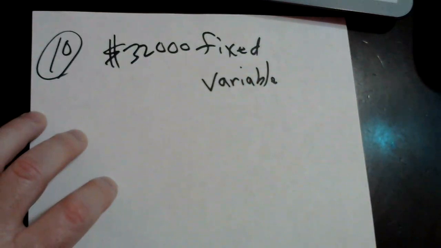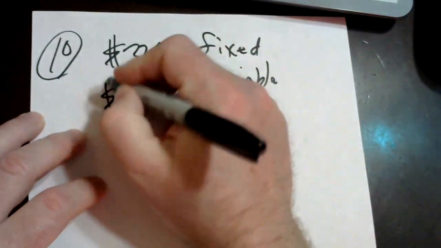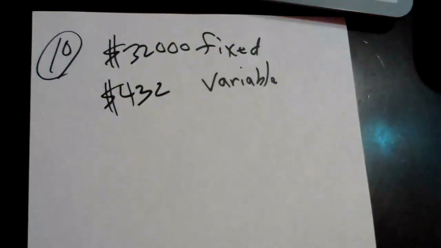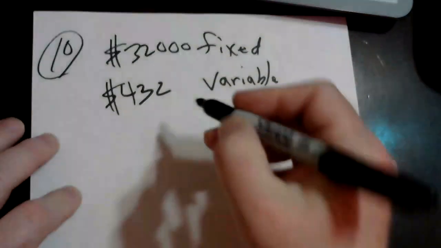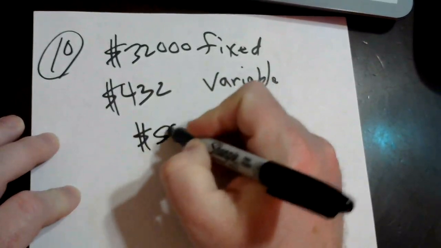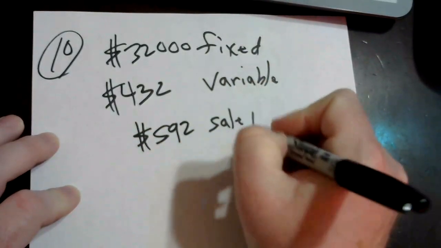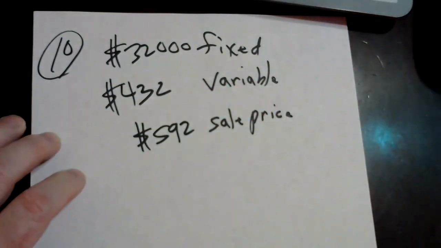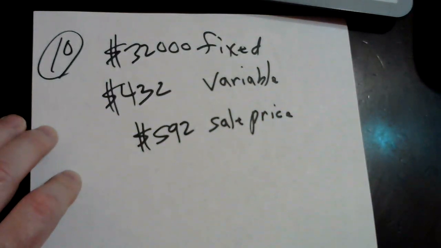And he also has a variable cost of $432 per system. And it sells the systems for $592. So that's the sale price. Write a function that models the profit P from the production and sale of x units of the system.